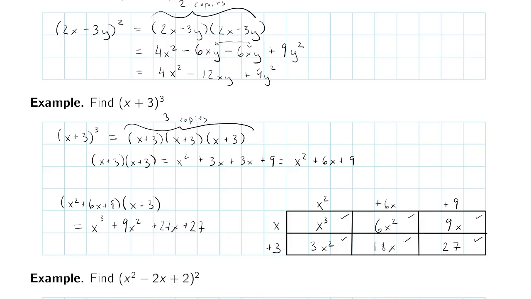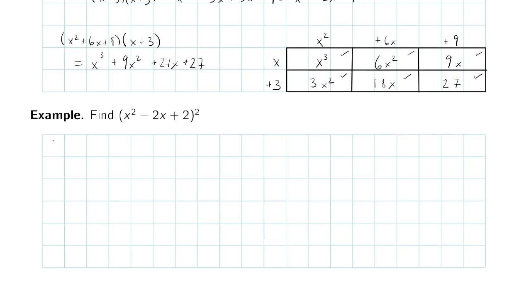Okay, one more. Let's take the second power now of something with 3 terms. If we want to take x squared minus 2x plus 2 and square it, well, that's going to be x squared minus 2x plus 2 times another copy of x squared minus 2x plus 2. We're multiplying now 2 polynomials with 3 terms each.